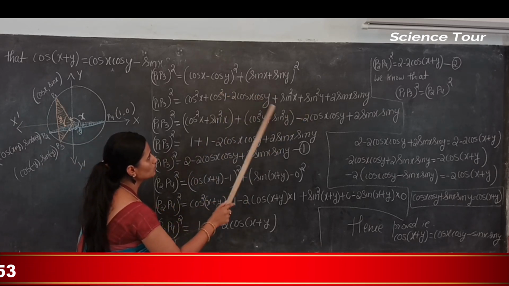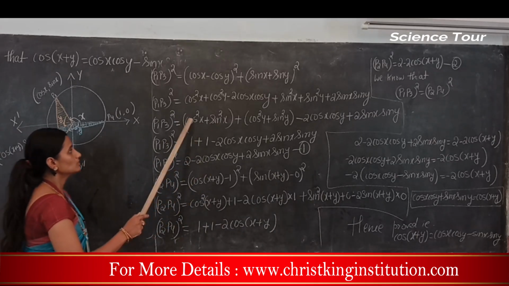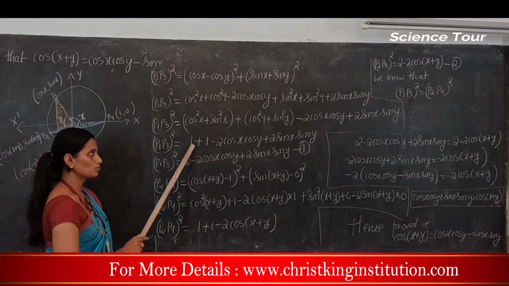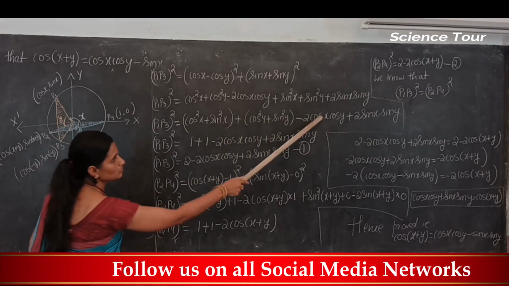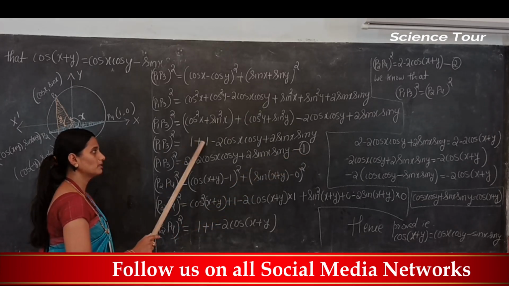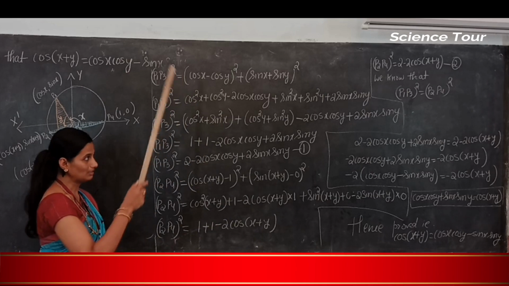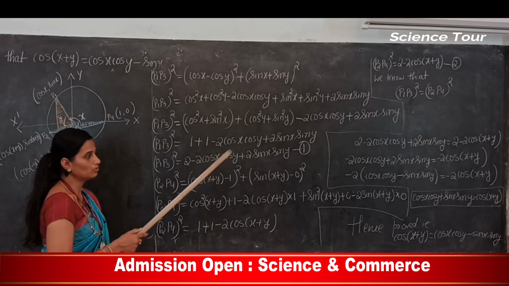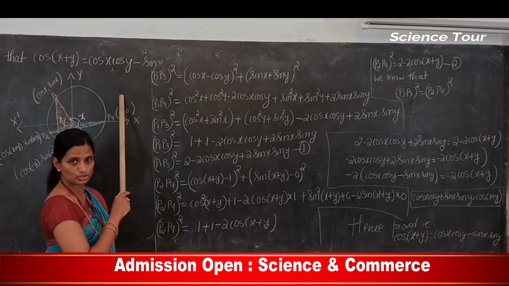So cos square x plus sin square x is 1, cos square y plus sin square y is 1, minus those 2, and it is equal to equation number 1. So 1 plus 1 is equation number 1. So this is the writing part. Write neatly in your notes and don't miss any line because it's a 6 mark important question.